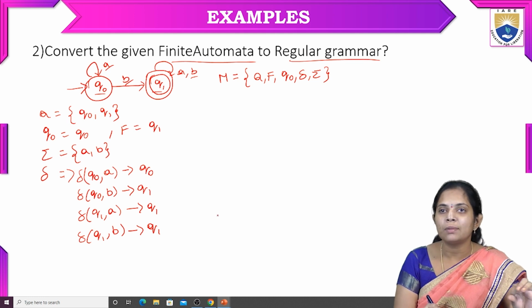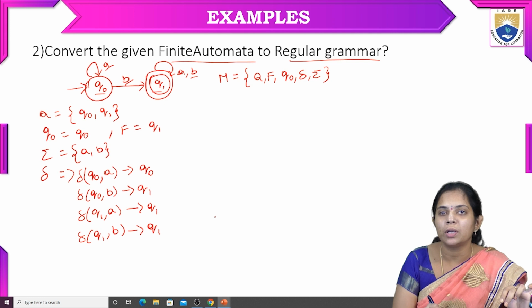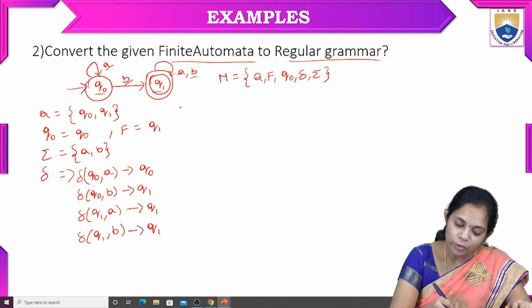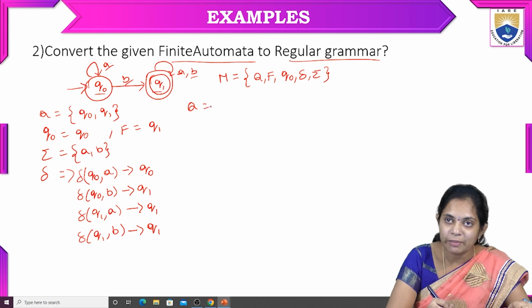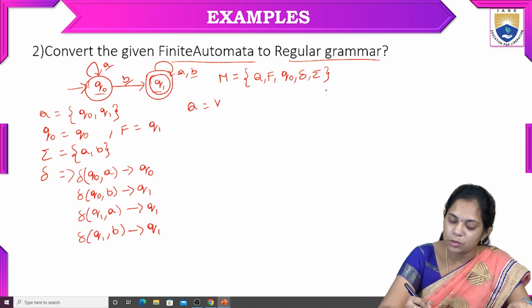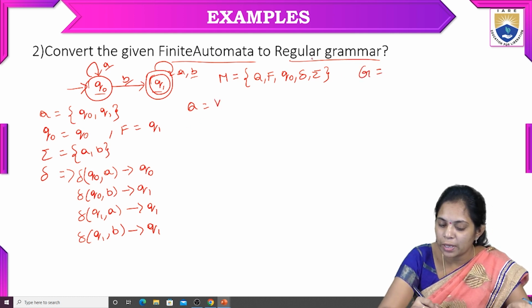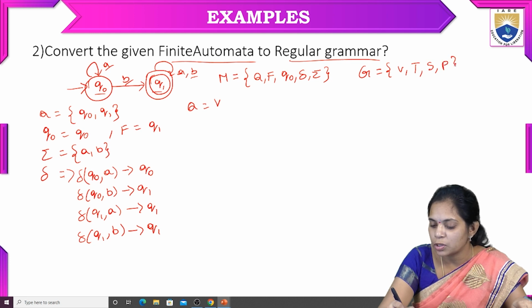For the next step in the conversion of finite automata to a regular grammar, we have to equalize these tuples. In the previous slide we discussed that we have to equalize these two tuples. Let me write G as the grammar. A regular grammar contains the four tuple: V, T, S the starting state, and P the production rules.